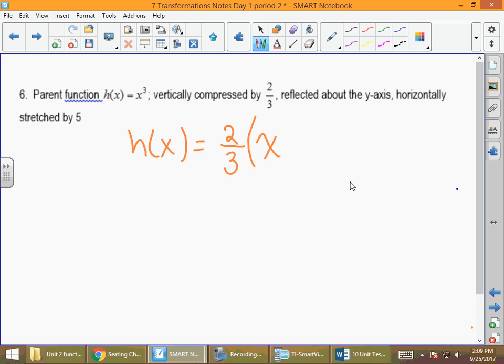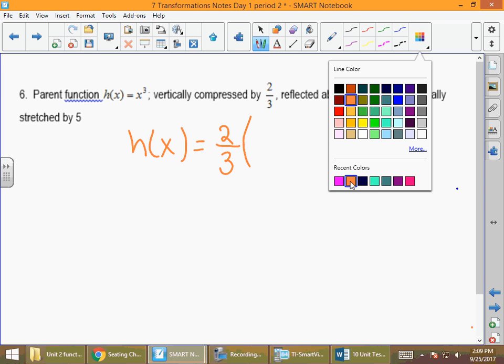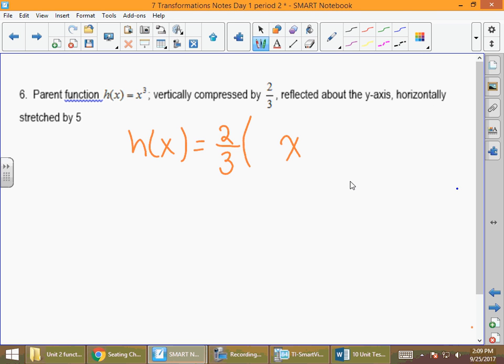I'm going to put in a parentheses here because we are going to have some values inside. And in fact, before you get too far, I'll scoot my x over a little bit.